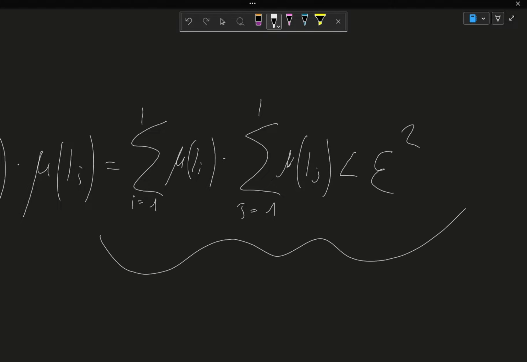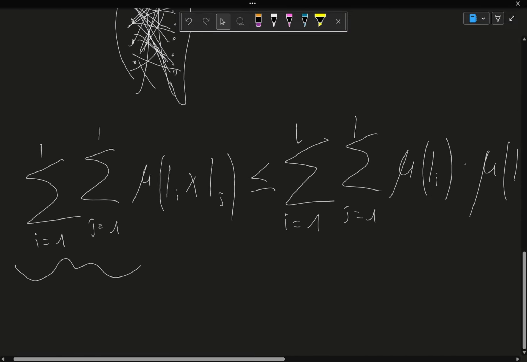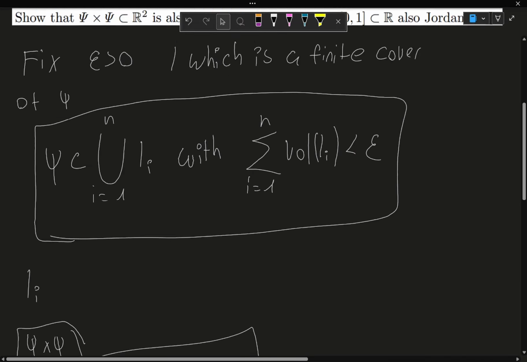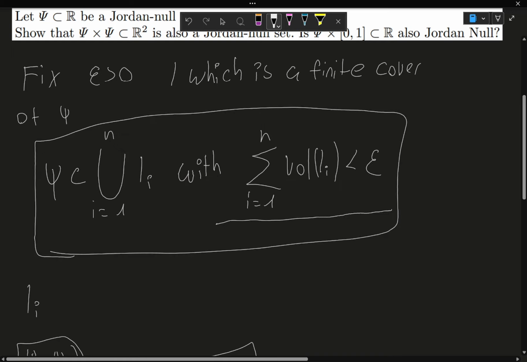Where does this epsilon squared come from? We know by definition that psi is Jordan-Null, and if we go back up, that's why we wrote down the definition, we know that the volume of everything, when it's Jordan-Null, is less than epsilon.